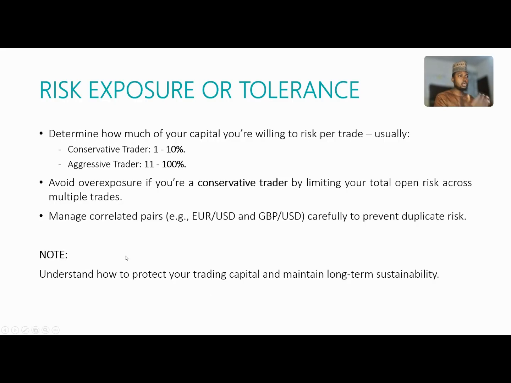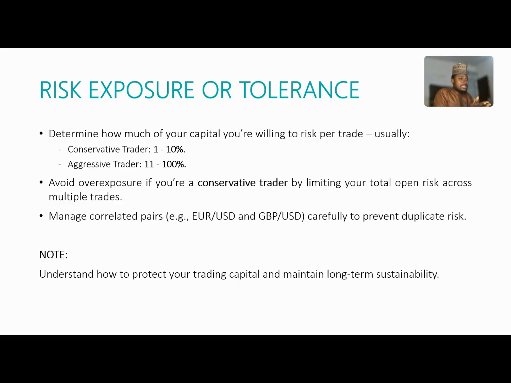So manage correlated pairs, e.g., EURUSD and GBPUSD or EURJPY and GBPJPY, carefully to prevent duplicate risk. For example, EURUSD and GBPUSD go in the same direction, so you should avoid taking trades on both of them at the same time.